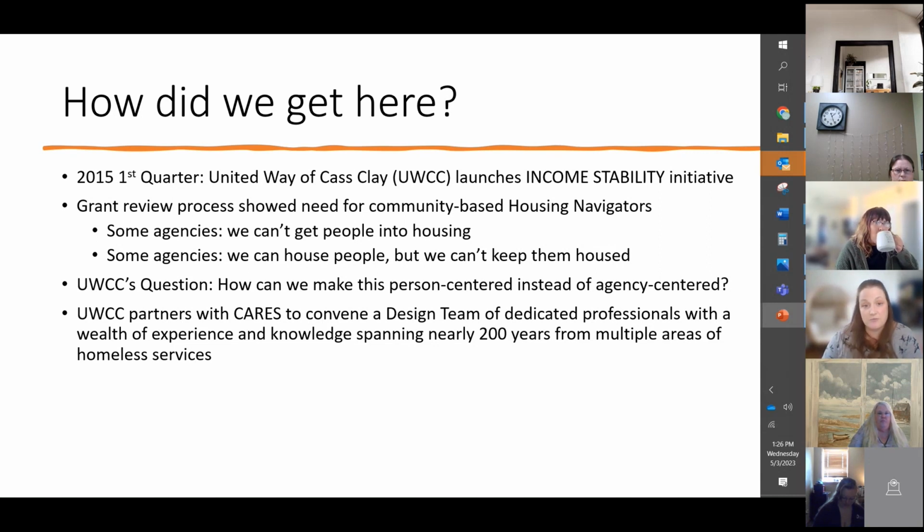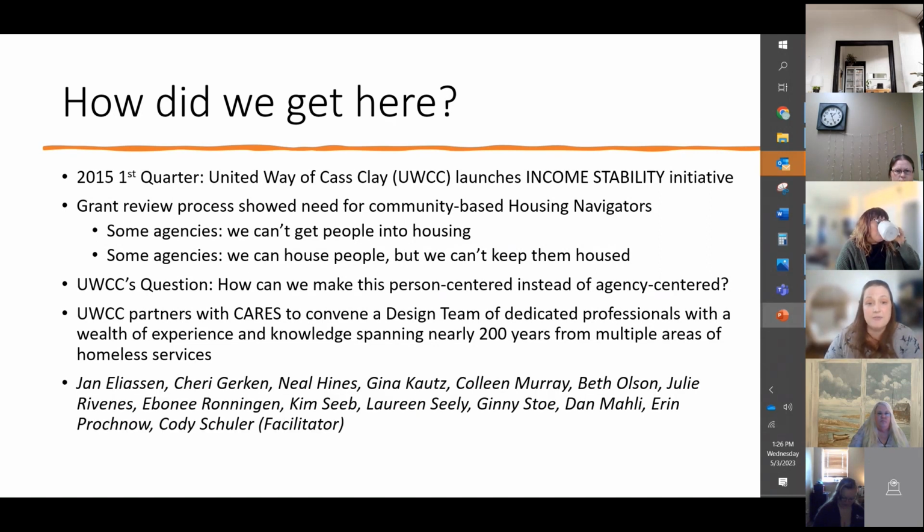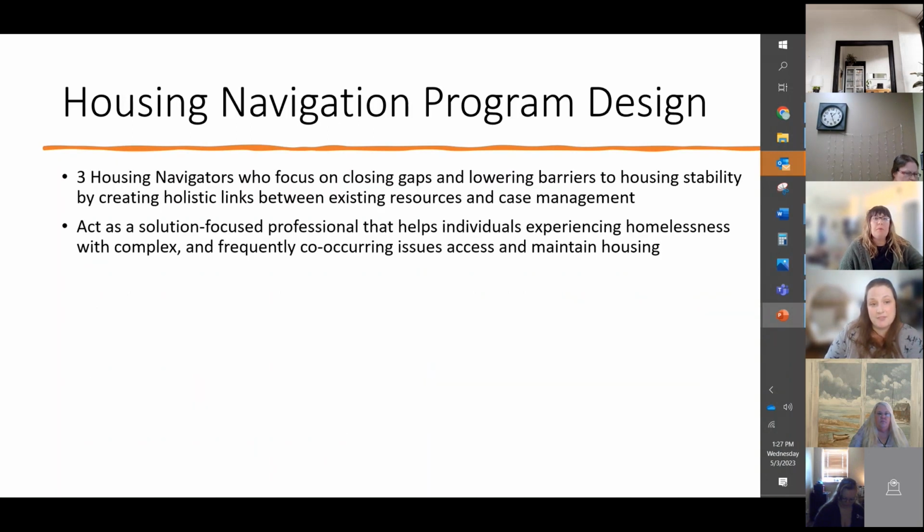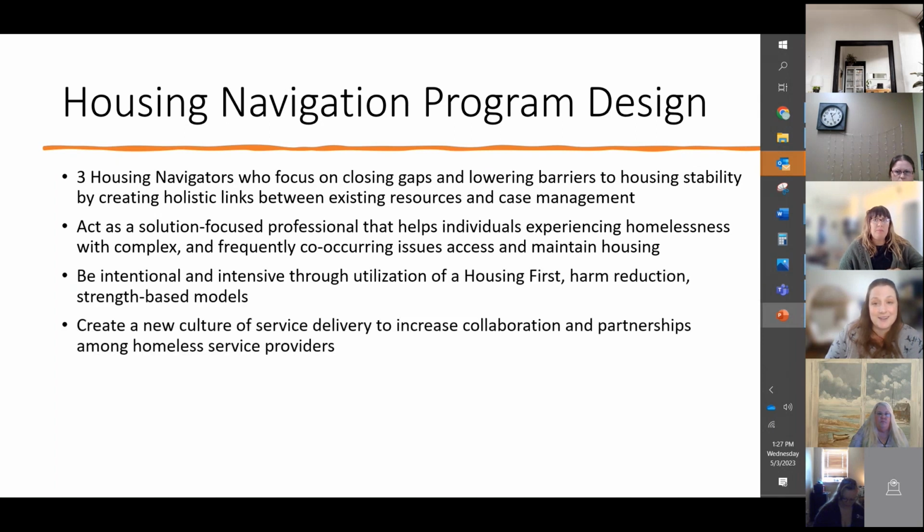So we all got together, tons of different people. There were like 10 of us, I think, with different areas of expertise within the homeless service sector, and made this housing navigation program design. There were 3 of us to start, and we really wanted to have this pilot to see what we can do if we can really stay true to a housing first model, because there are a lot of amazing programs in the Fargo-Moorhead area that are doing housing first.